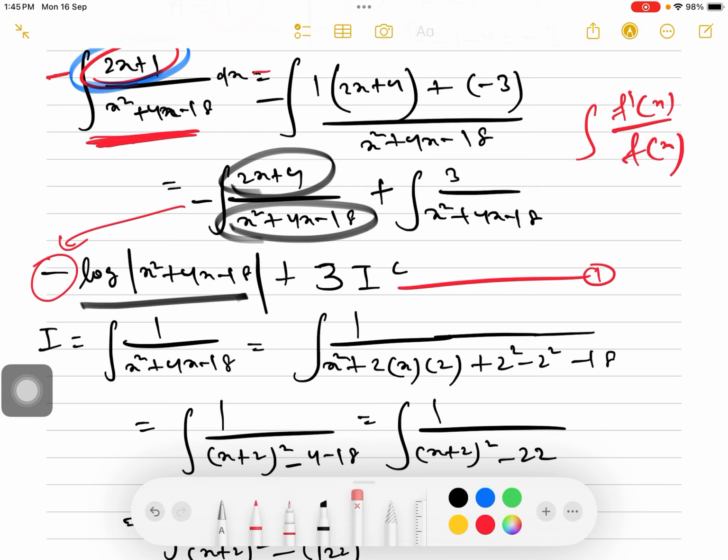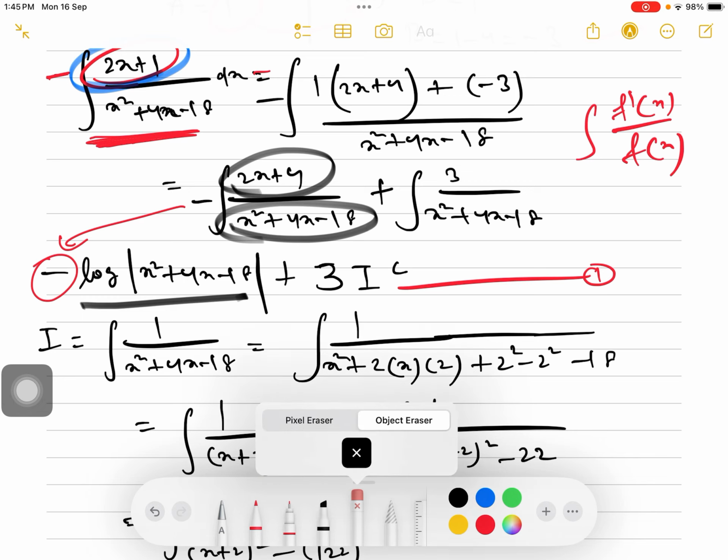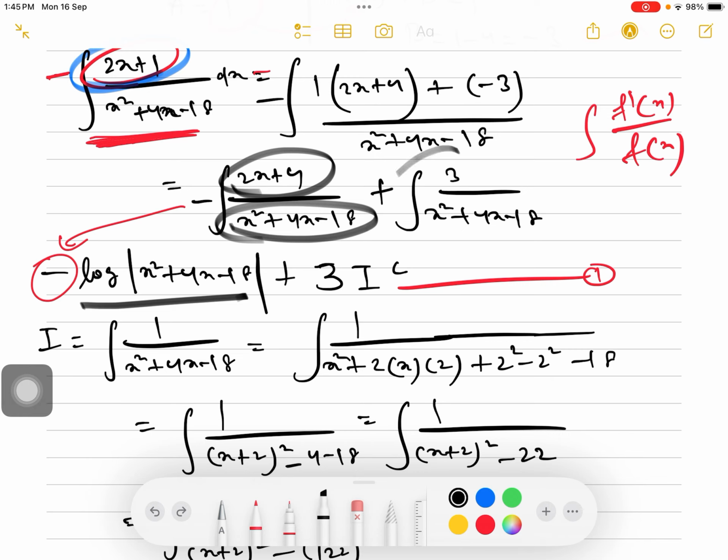Now if you see, this 3 is constant, that we can take out from the integral function. This 3 you can take outside only. Now we have to solve integration 1 by x square plus 4x minus 18.